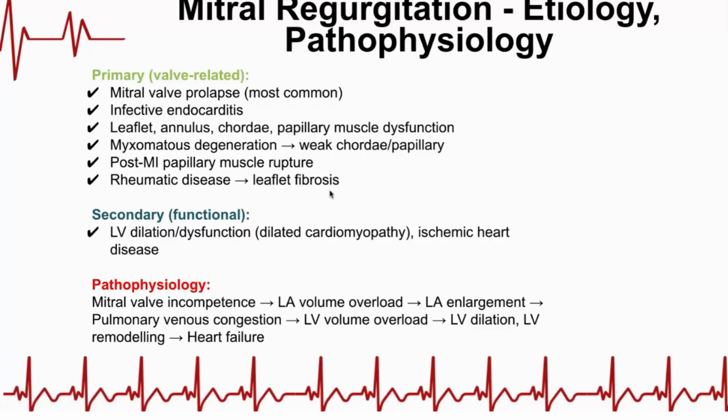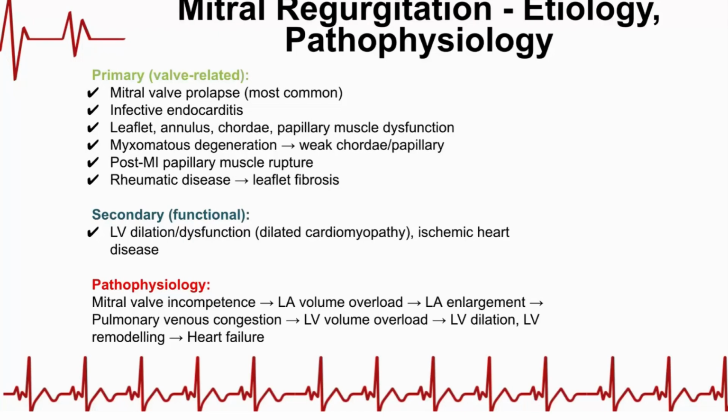And again, we've spoken about rheumatic disease. Rheumatic disease leads to fibrosis of the leaflet, and that can also go on to cause regurgitation. Then there is post-MI papillary muscle rupture. After an MI, you can have death of certain parts of the muscle, and therefore you can have death of the papillary muscle as well.